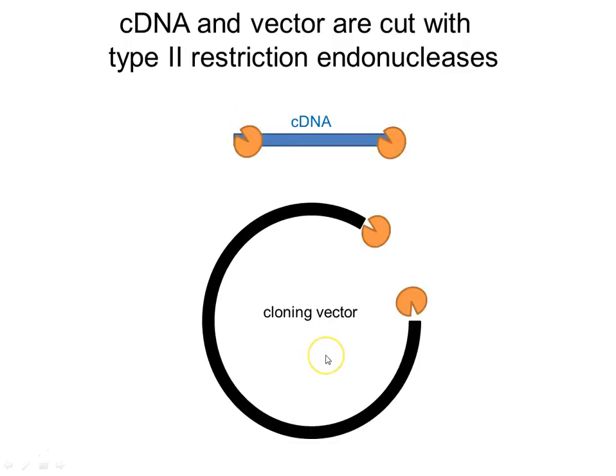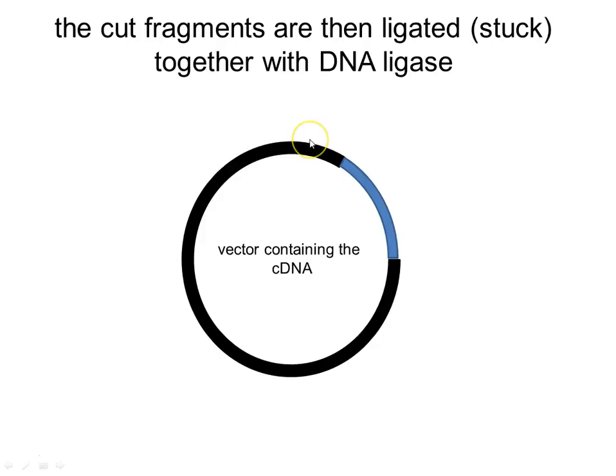We are going to cleave that open using restriction enzymes. So specific restriction enzymes will open our plasmid vector up. They'll also cleave our cDNA. The two fragments will have complementary ends, and they will be ligated, that is, stuck back together using an enzyme called DNA ligase. This will clone it into our vector.